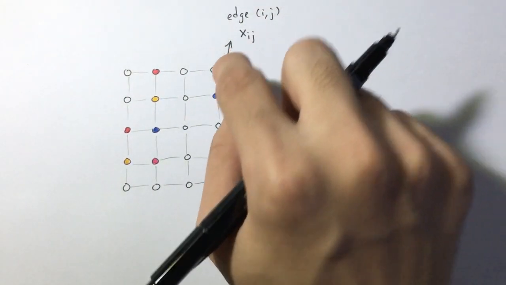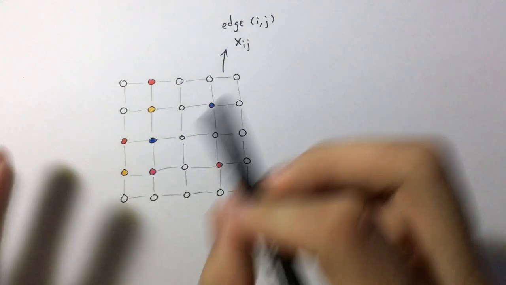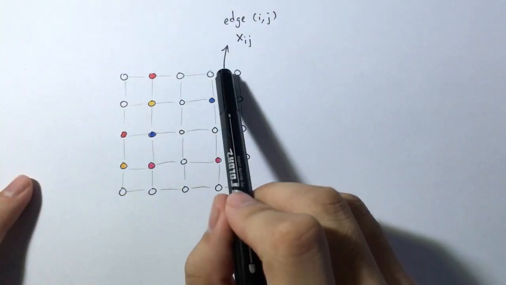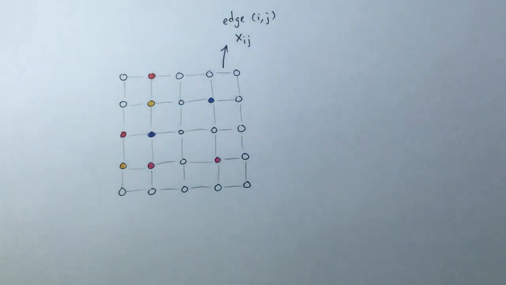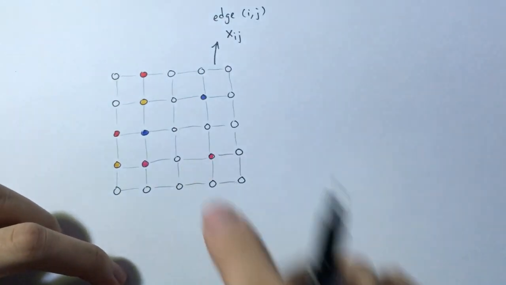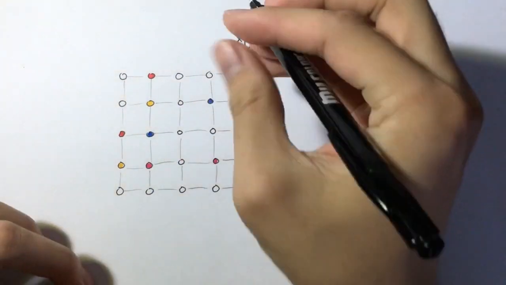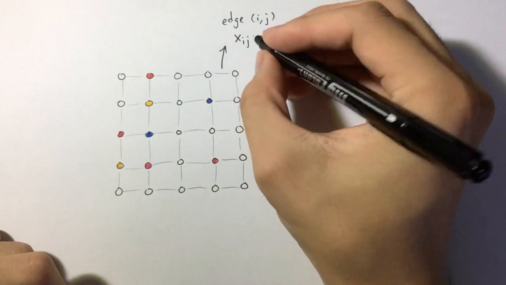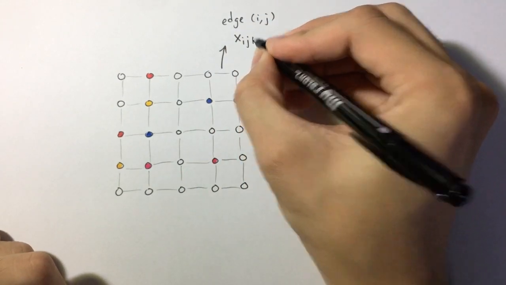But it turns out for our case, just x_ij like this will not be enough, because we're not only trying to paint the edge, we also want to know what color we're going to be painting those edges. And so we might need an extra index. Rather than representing the edge as x_ij, I'll represent it as x_ijk.